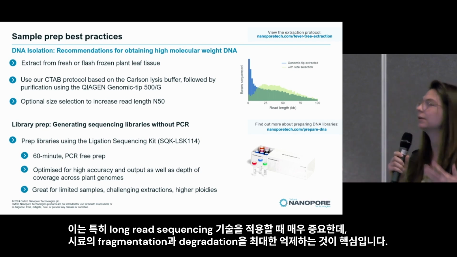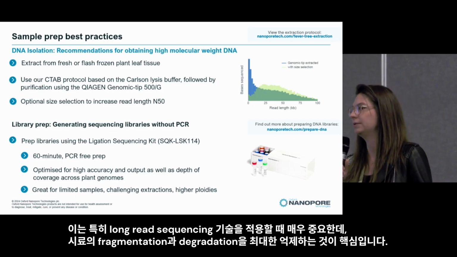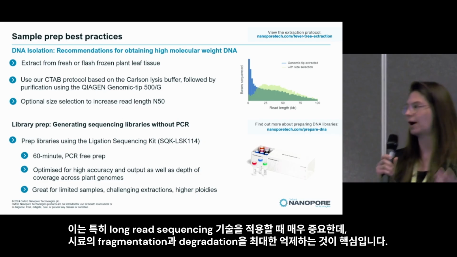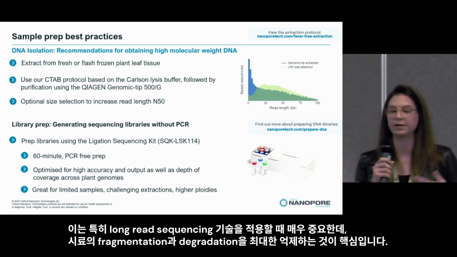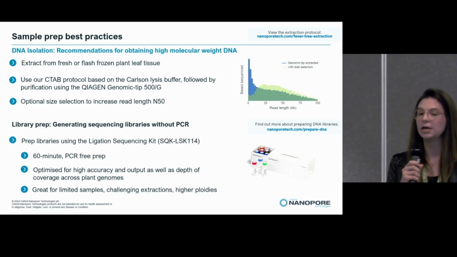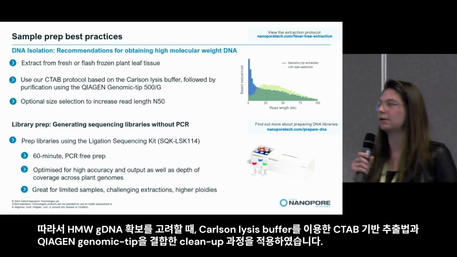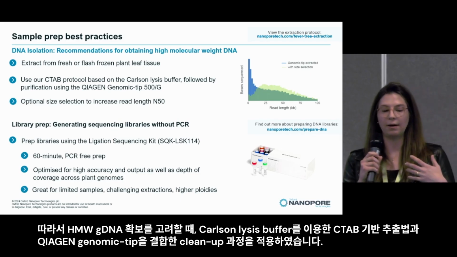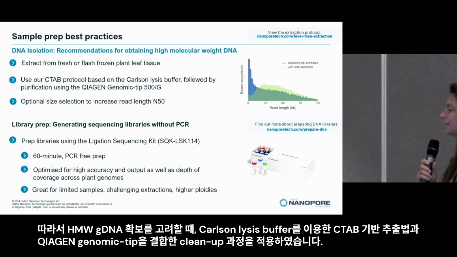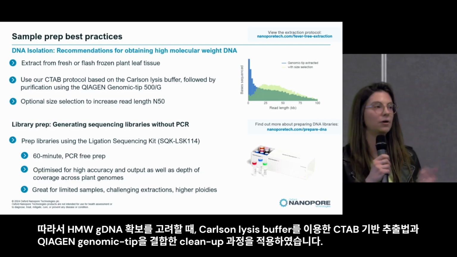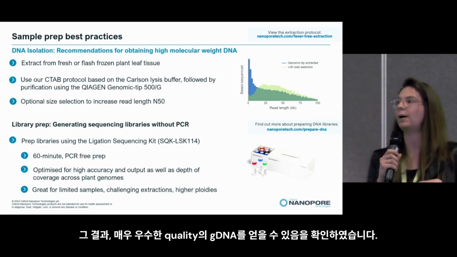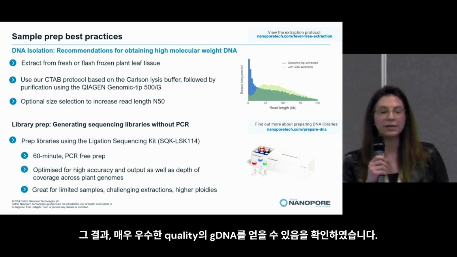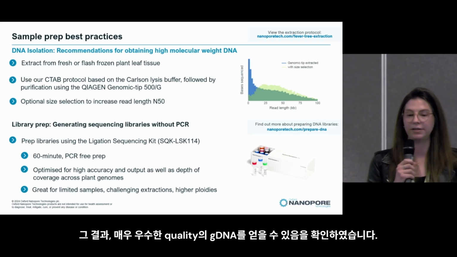This is particularly relevant when we're talking about long read technology, as you want to limit the fragmentation and degradation of your sample as much as conceivably possible. So when we're thinking particularly about obtaining high molecular weight DNA, we have found that a CTAB-based extraction using Carlson lysis buffer, followed by a purification step with QIAGEN Genomic-tips, really yields great quality DNA.